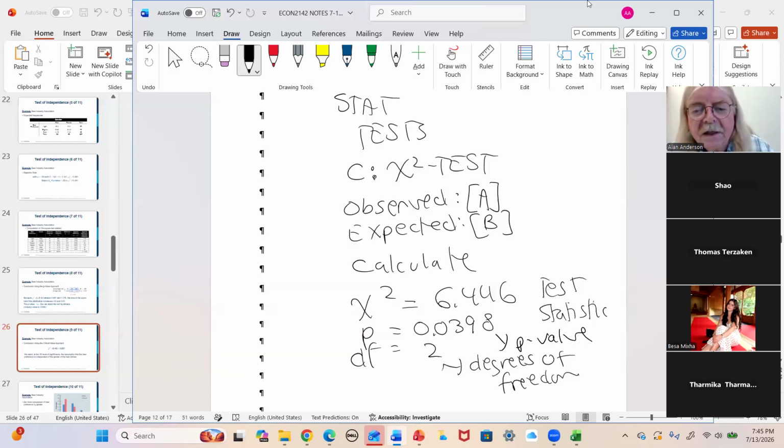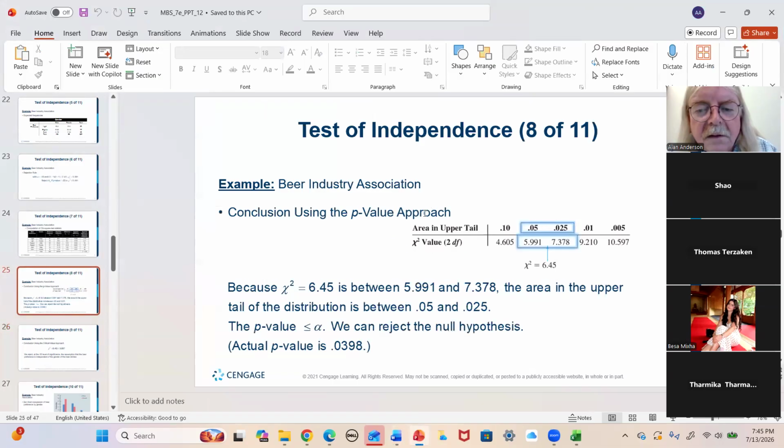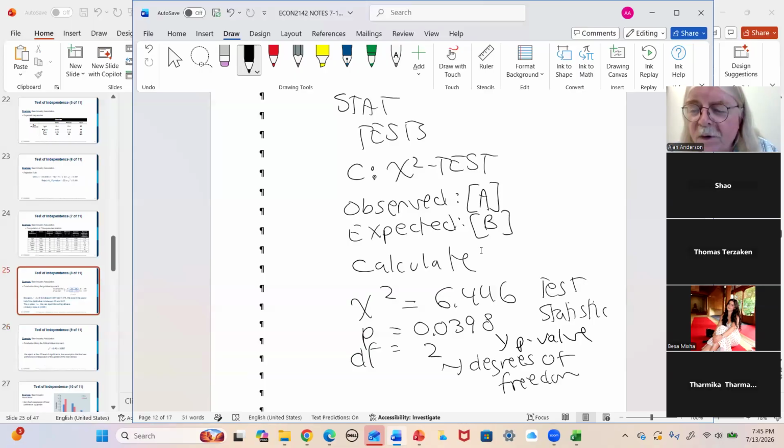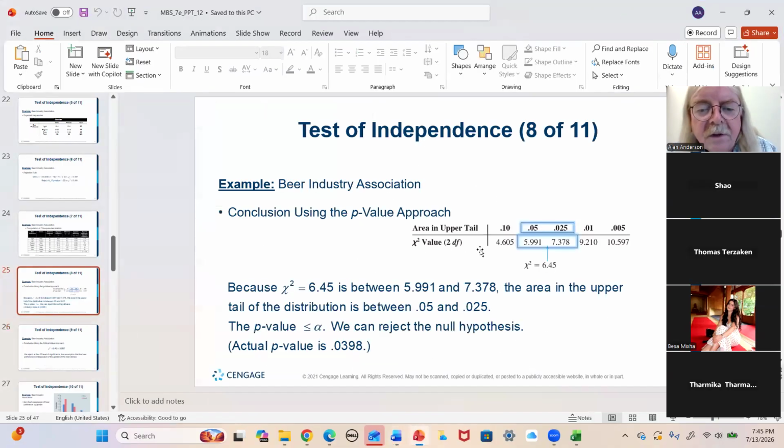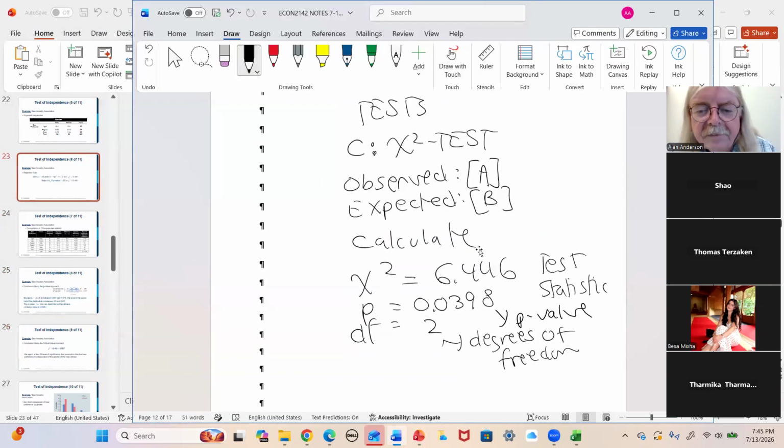So if you look in the slides, they're going to tell us that yeah, they're agreeing with our test statistic, 6.446, 6.45. And this was done with a 5% alpha.